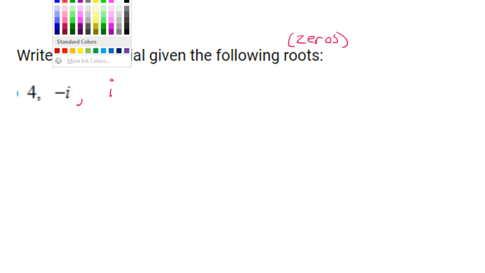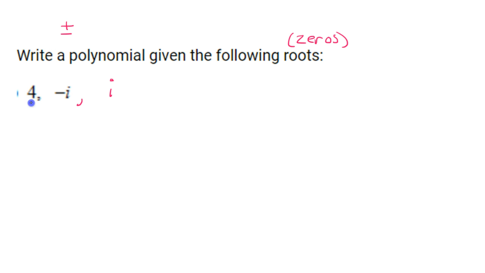Now each one of these zeros corresponds to a factor. So from a 0 of 4, we know that there must be a factor of x minus 4. Imagine setting this equal to 0 and solving, you'd get 4 back.